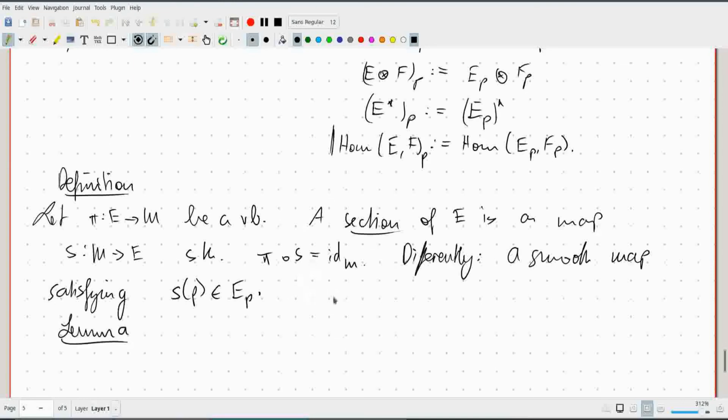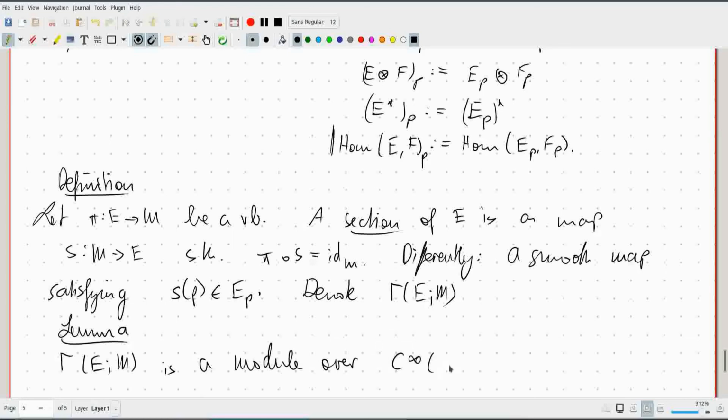These sections, we call them the sections of the vector bundle E over M. And our lemma is: the space of sections Gamma(E) is a module over the smooth functions from M to R.